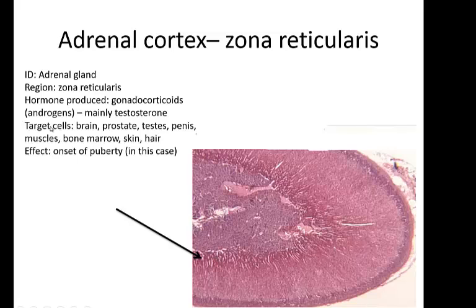The target cell for the gonadotropins would be these right here: brain, prostate, testes, penis, muscles, bone marrow, skin, hair.